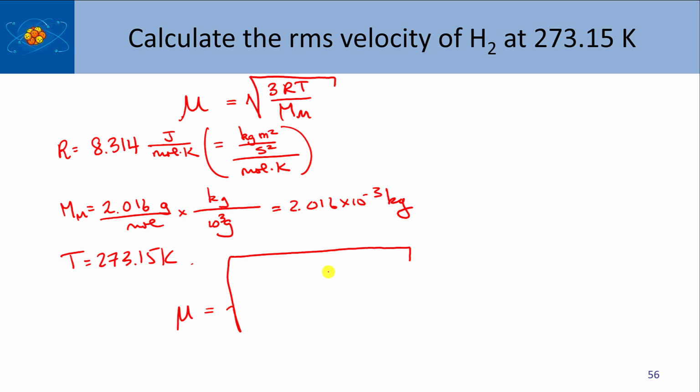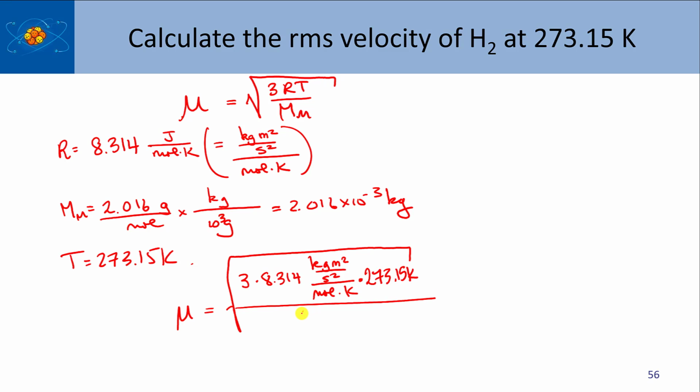It's going to be 3 times 8.314, and I'm writing this out as kilograms meter squared per second squared per mole times Kelvin. It's a gnarly looking unit, which is why we write joules as J rather than writing its units all the time, but you do have to realize what that is. We multiply that by the temperature, 273.15 Kelvin, all under the radical sign.